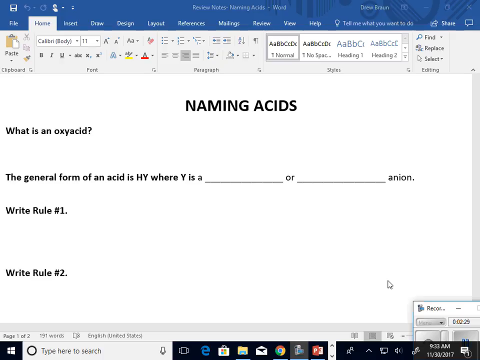The general form of an acid is HY, where Y is what? Monoatomic or a polyatomic anion. Okay? So the general form, hydrogen leads off.